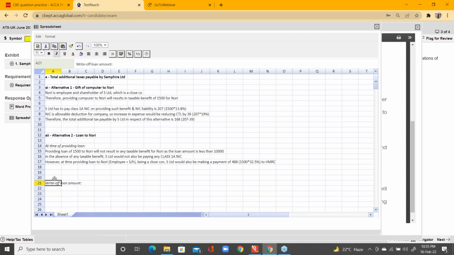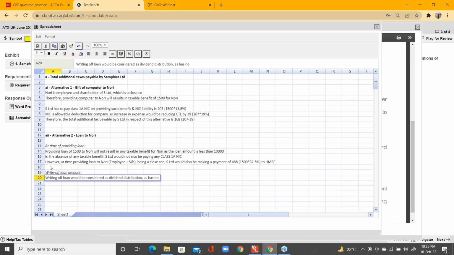Now, what will happen if the loan is written off? Writing off loan would be considered as dividend distribution for the person.